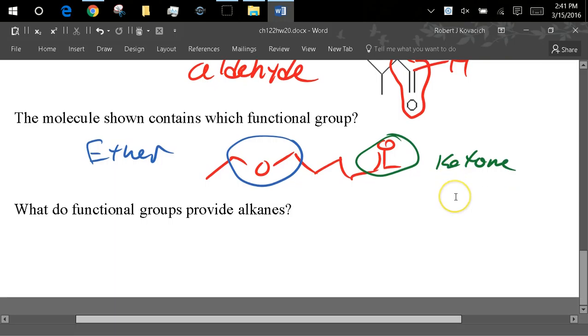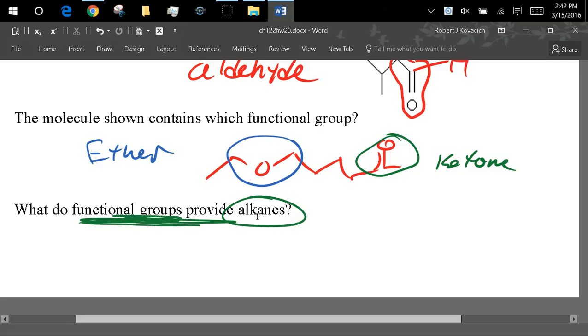What functional groups? All right, so what is it that the functional groups do for my alkane? So you guys wrote a bunch of papers about biologically active compounds.